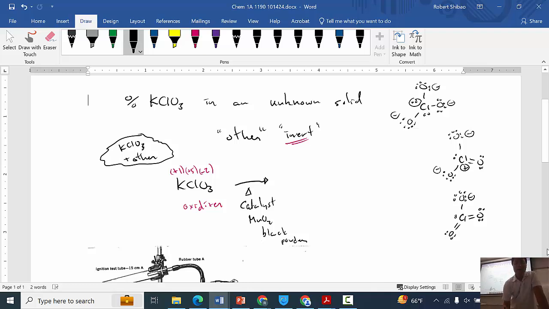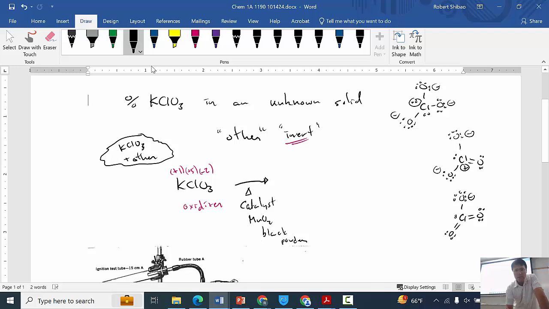So we heat it up in the presence of the catalyst, and this normally wouldn't happen, but the chlorine actually oxidizes the oxygen. That's only going to happen if we heat it up and there are some violent collisions, because not all the atoms are moving at the same vibrational frequency. Some will be moving at a much higher frequency, and it could cause this reaction to occur.